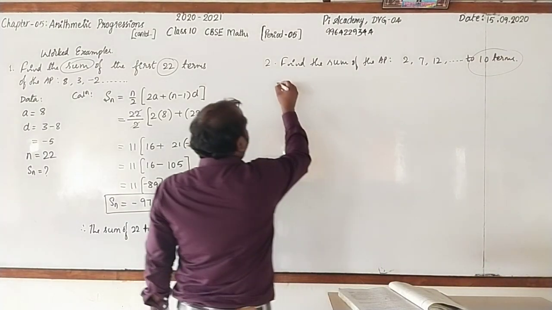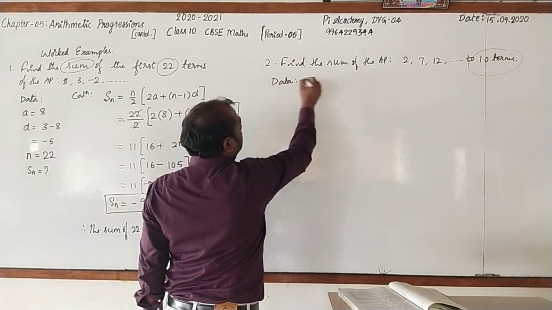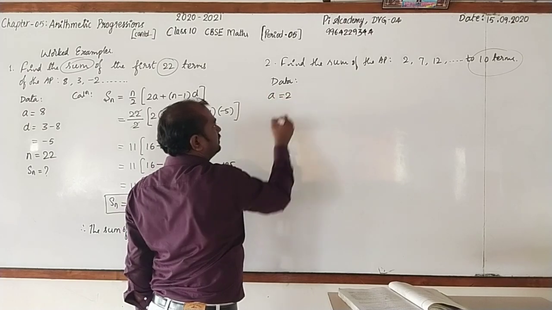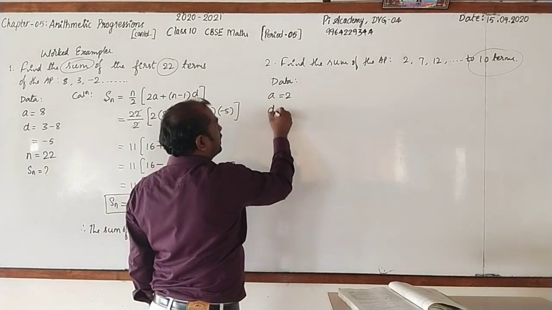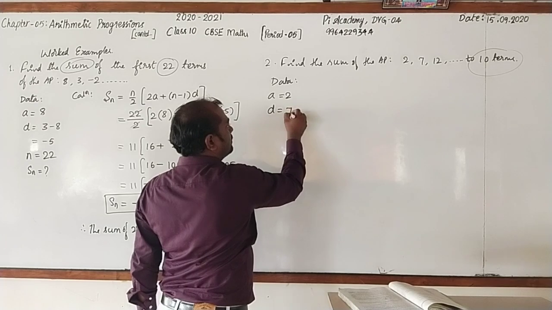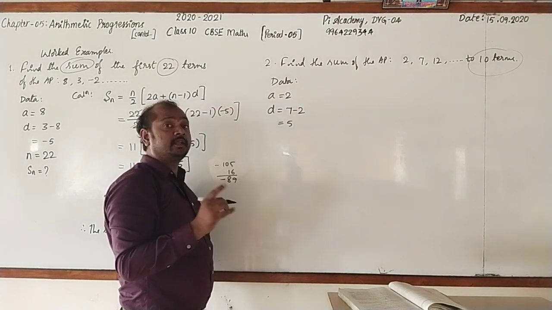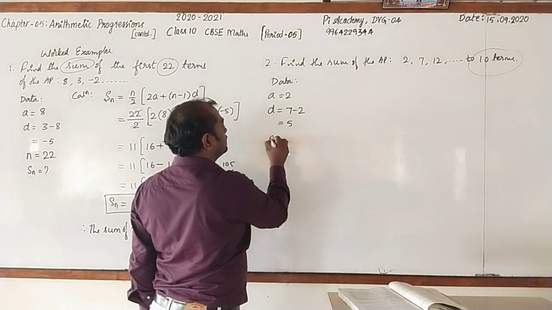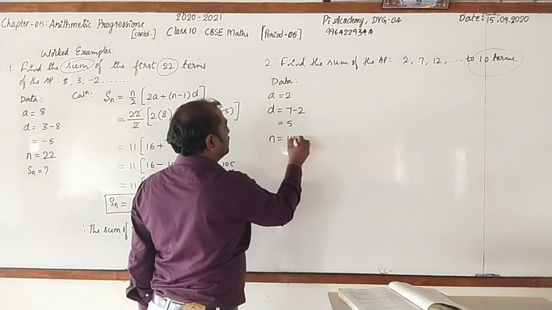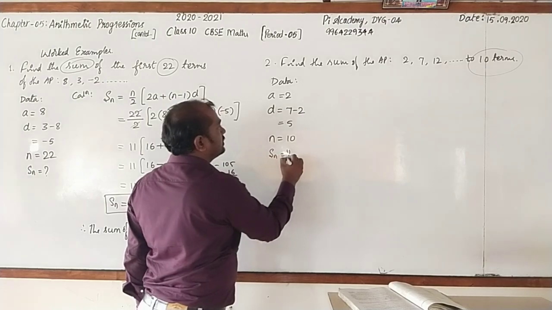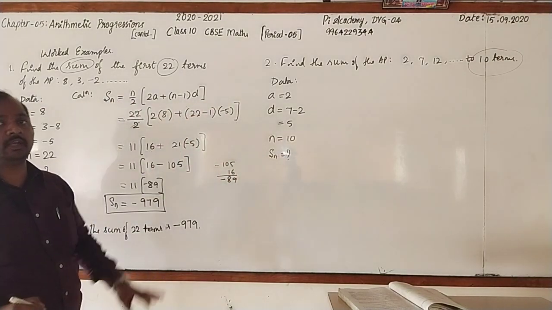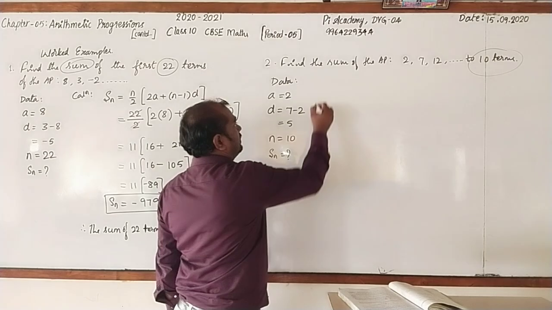Then write the data with me. What is the first term? a is 2. Common difference: 7 minus 2 is 5. 10 indicates it is n. Then you are going to find the sum of those 10 terms, that is S10.